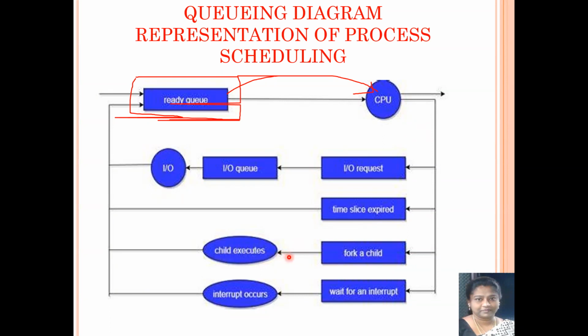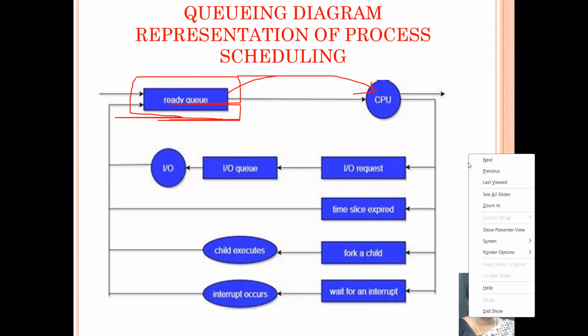If it wants to wait for the child to complete, then the process will be in the waiting state. Until the child completes, it will wait, and only then will the process be put into the ready queue. And finally, the last scenario is whenever there is an interrupt occurring, any interrupt. In that case also, the process will be removed from the CPU, the interrupt will be handled by the interrupt handler, and later the process will move into the ready queue.